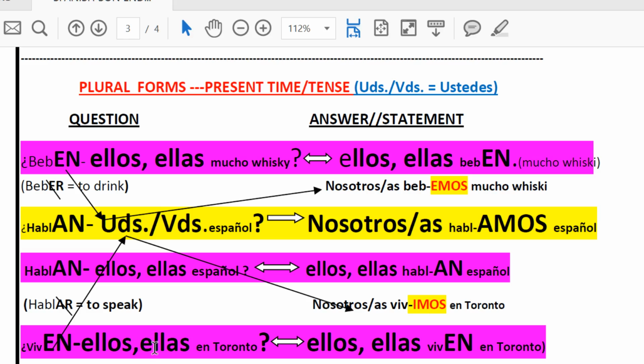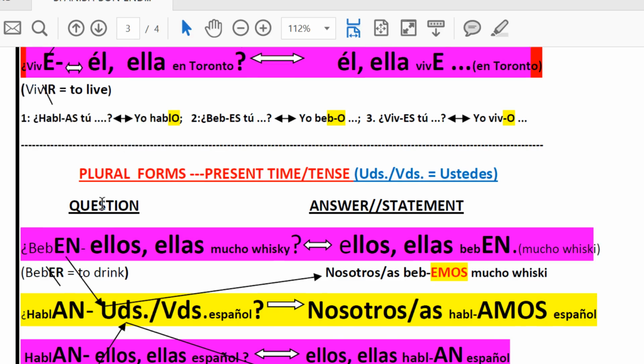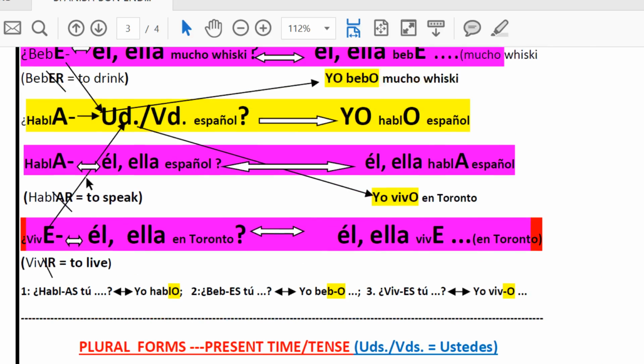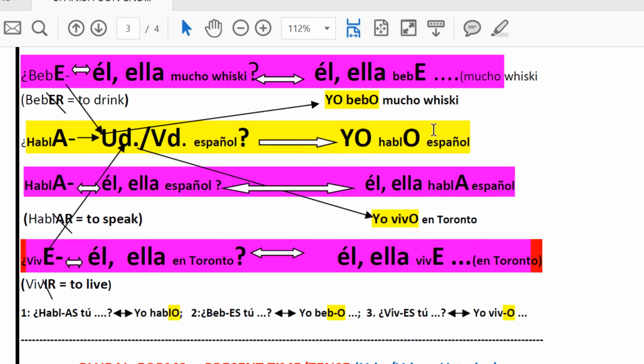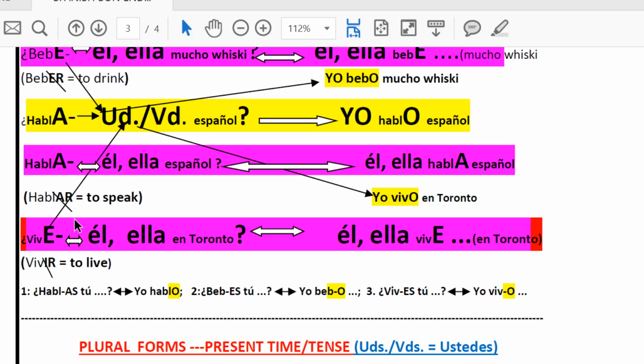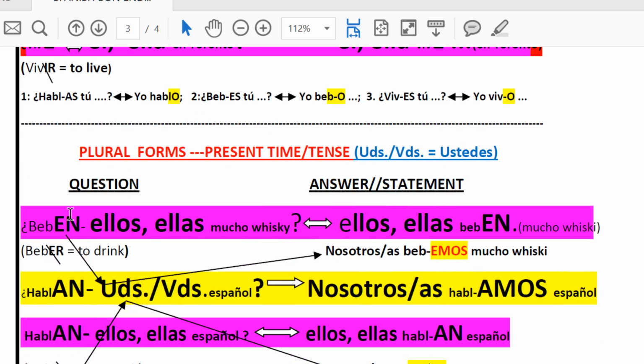If you want to find out more about the other tenses, this is just the present tense which I've treated. And if you stop to count, you will see that there are 24 forms that you've learned just by knowing habla usted, the reply yo hablo, and the plural, hablan ustedes.